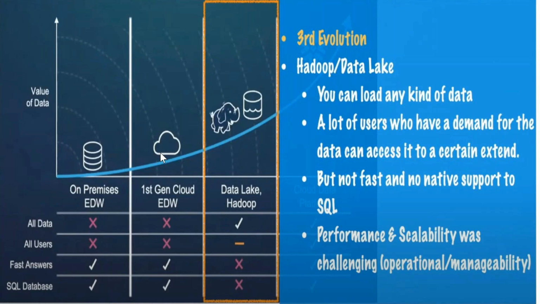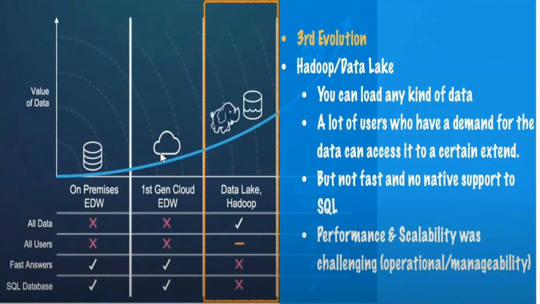But when you use a cluster, if the cluster fails, you will not be able to access that data. So there was always a data outage within that data lake or Hadoop.